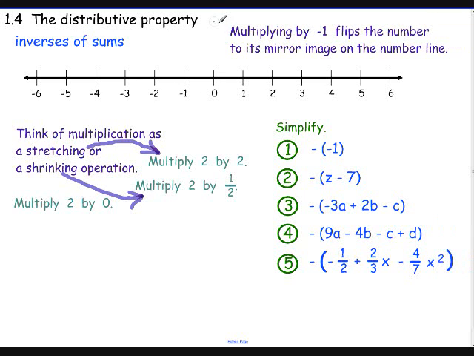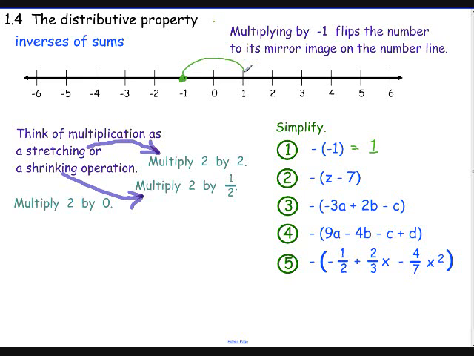Inverses of sums. Multiplying by negative 1 will flip the number to its mirror image on the number line. So if I had, let's mark it on the number line, here's a negative 1. And if I multiply it by a negative, it turns out to be a positive 1.